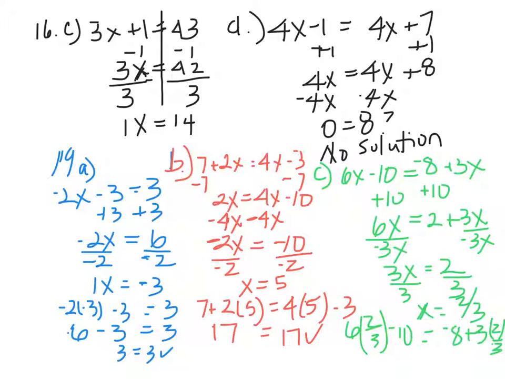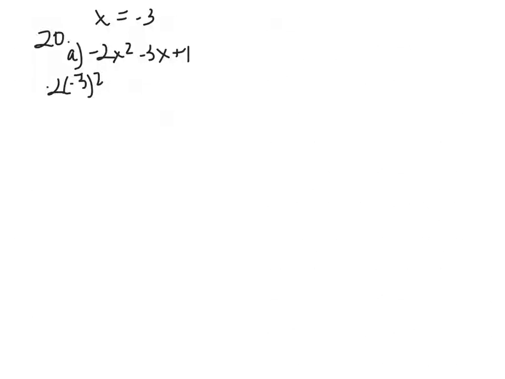Number 20. Number 20 asks us to evaluate each expression below for the given values. Negative 2x squared minus 3x plus 1 for x equals negative 3. So it would be negative 2 times negative 3 squared minus 3 times negative 3 plus 1.